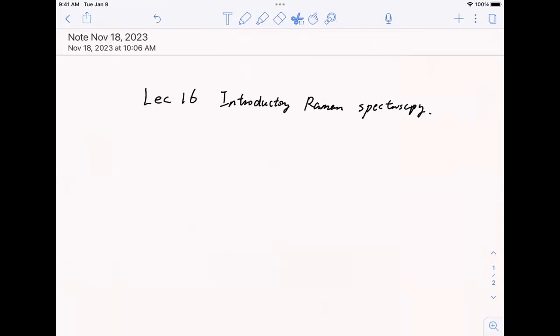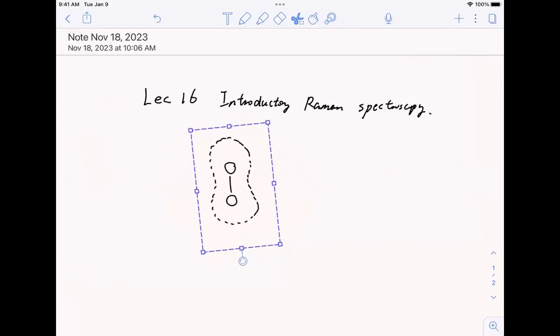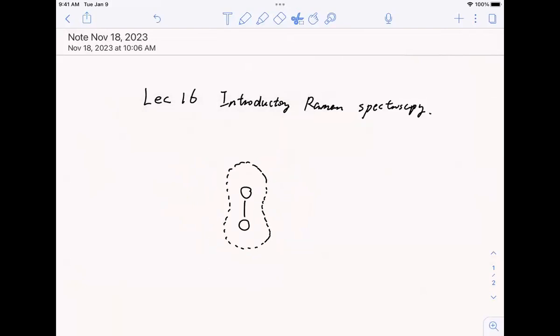Let's say just an oxygen molecule, or any kind of molecule. There will be an electron cloud surrounding it. Let me rotate it, that will look better.